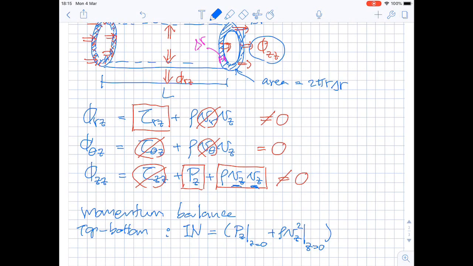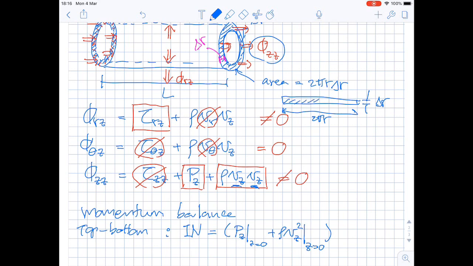The area would be 2 pi r delta r, as if you cut this highlighted area and then spread it like this. So this should be 2 pi r, and the thickness here is delta r.